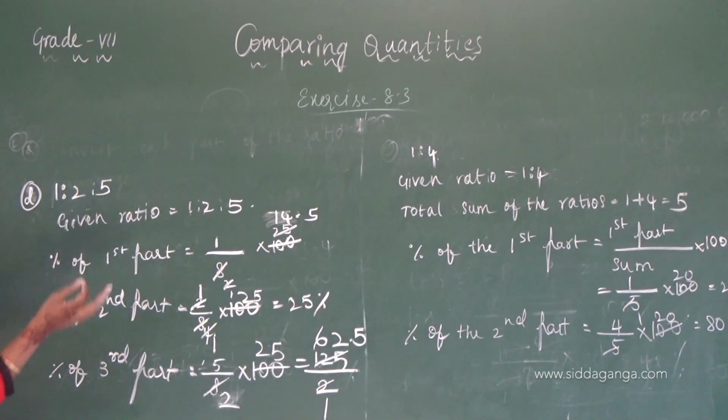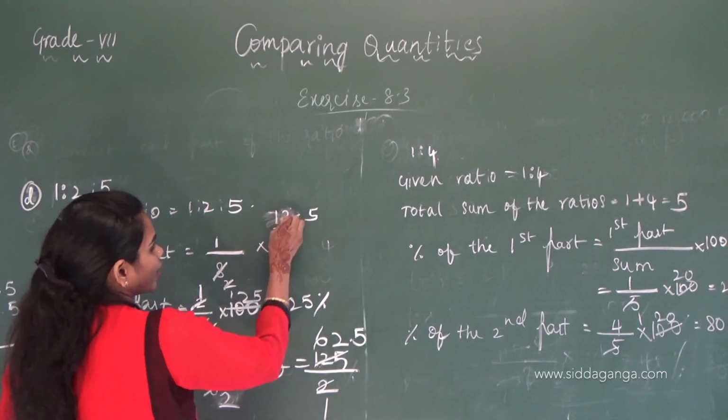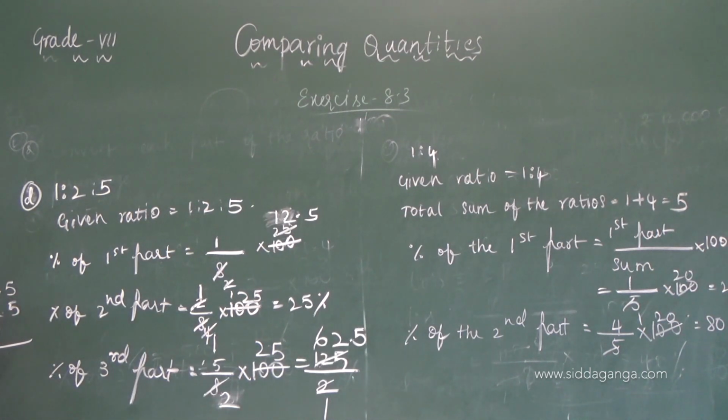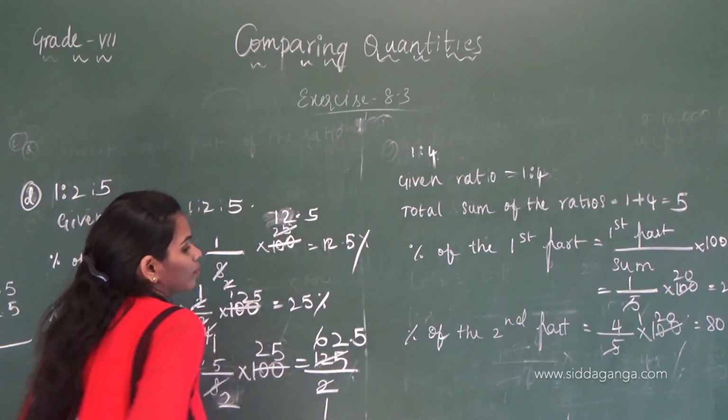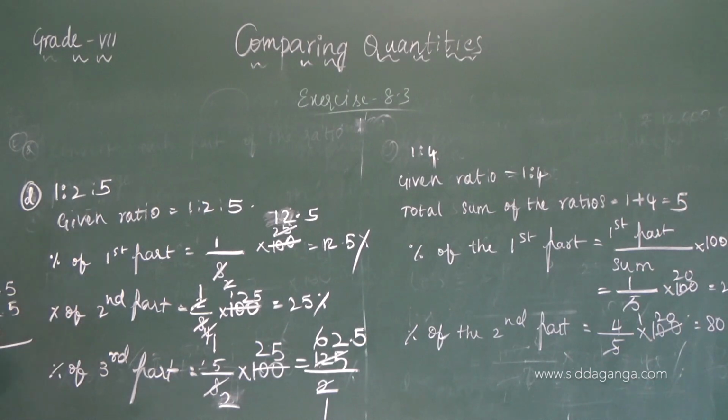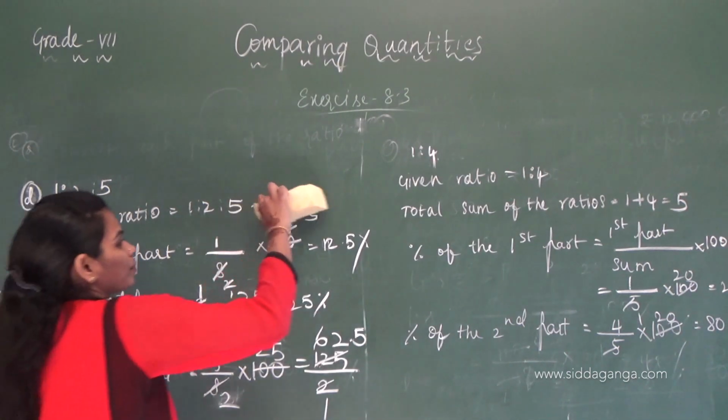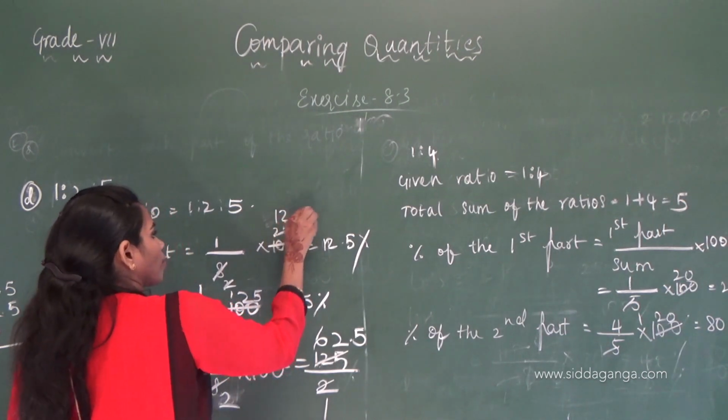If you add the three, 62.5, 12.5 and 25, then we will get 100. Okay.